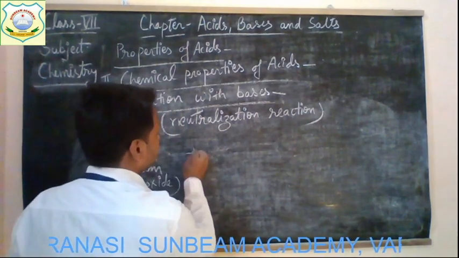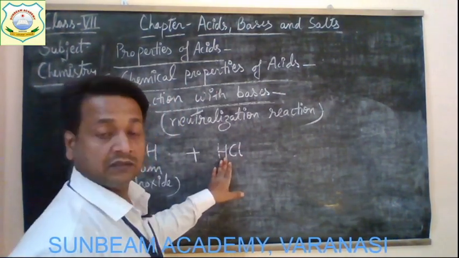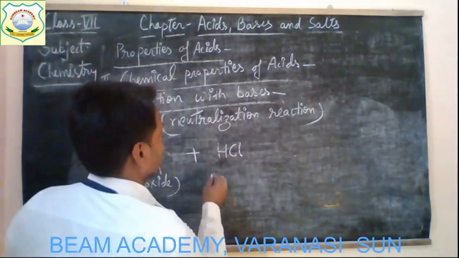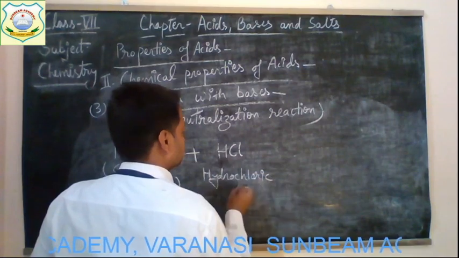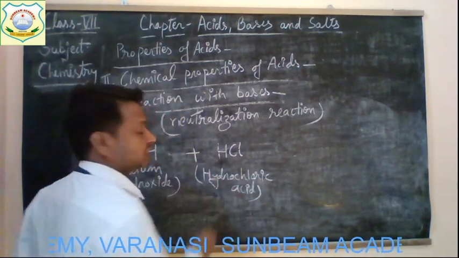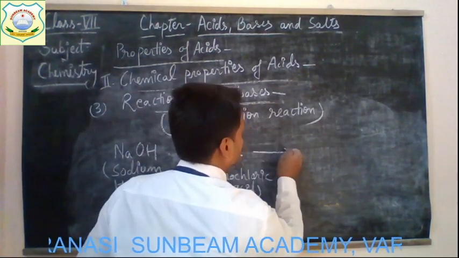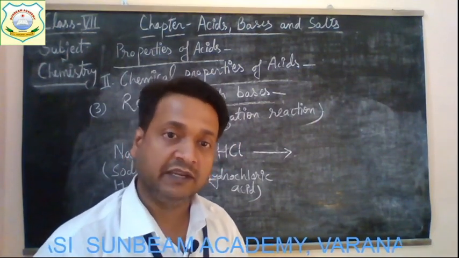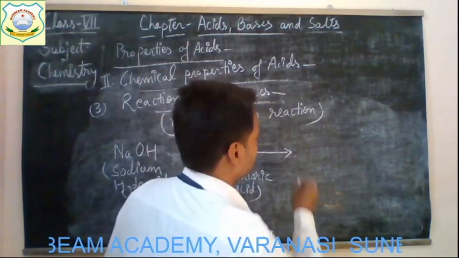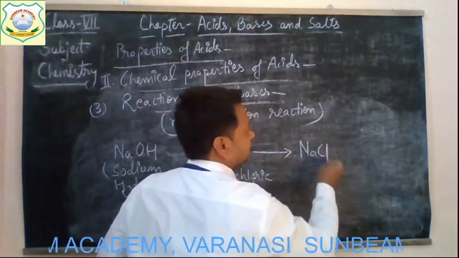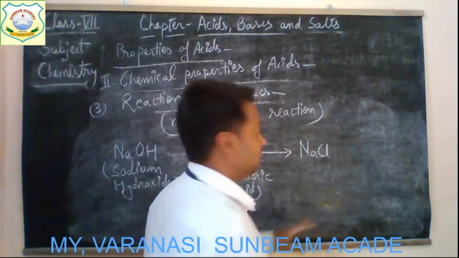When this base reacts with an acid, hydrochloric acid, whose formula is HCl, they react together and form a salt, sodium chloride. Which salt, children? Sodium chloride. And the formula of sodium chloride is NaCl, which is a salt.